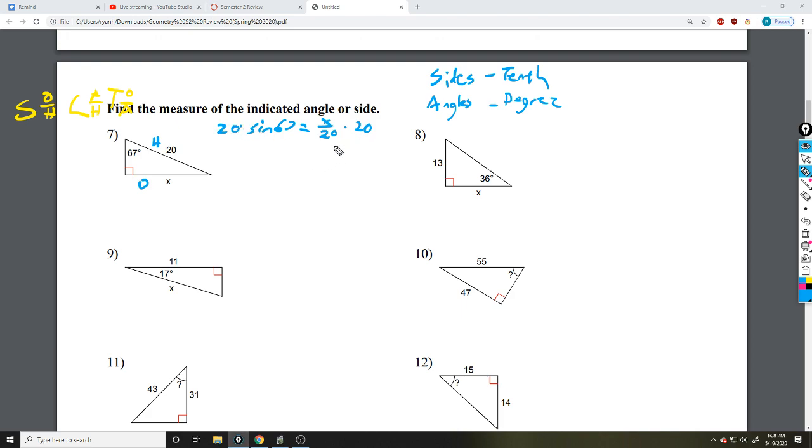To get rid of the fraction, multiply by whatever's on the bottom. So we have x equals 20 times the sine of 67. Remember, there's no division happening here. So when we go to put it in the calculator, we're just going to put 20 sine of 67.